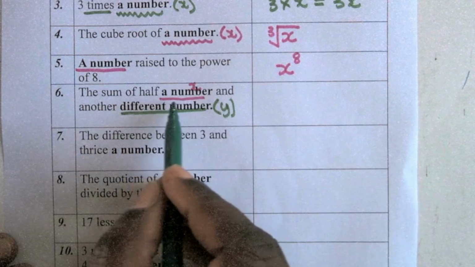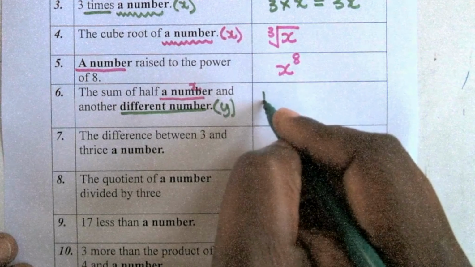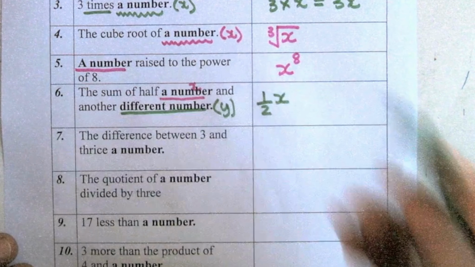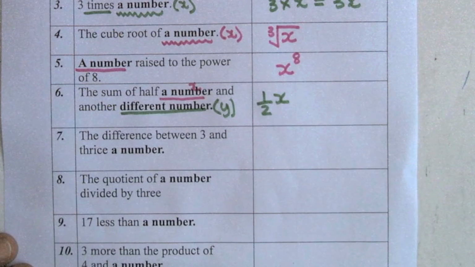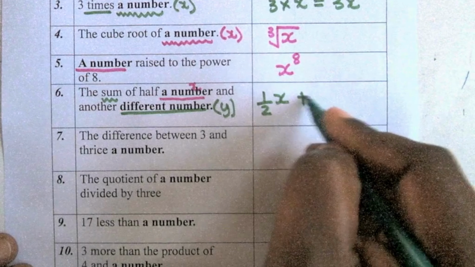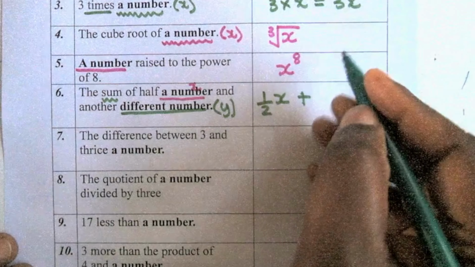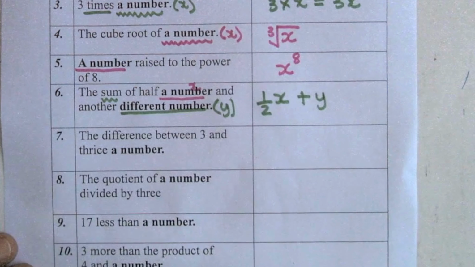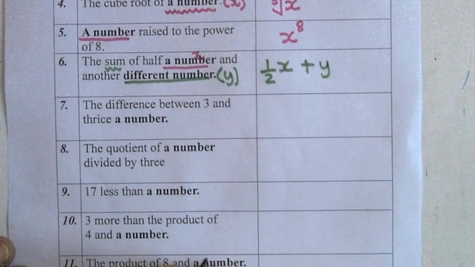The sum of half a number, half of a number, I can write it like this. But I have the word sum here, so I'm going to use plus y, which is the different number.